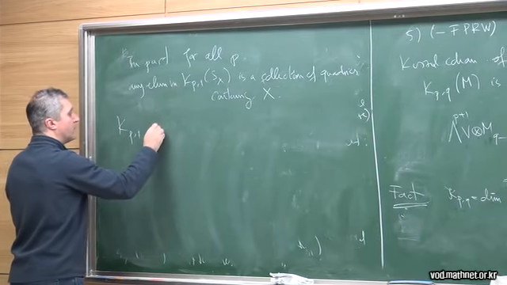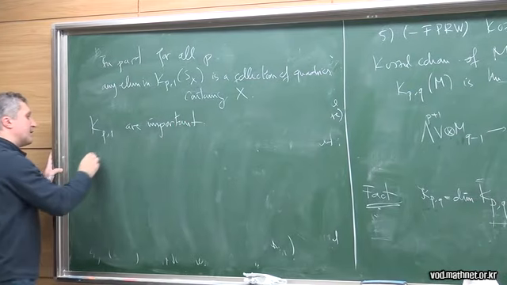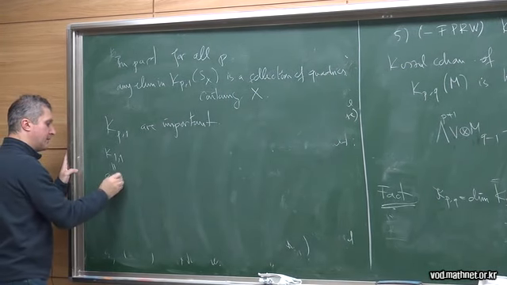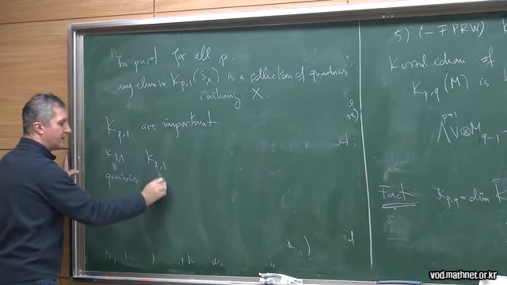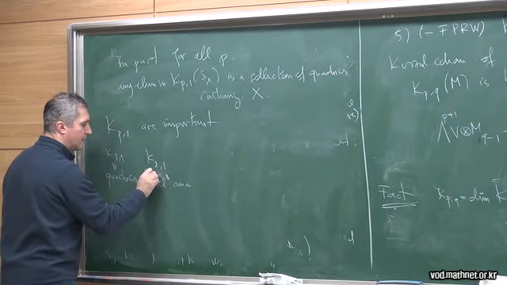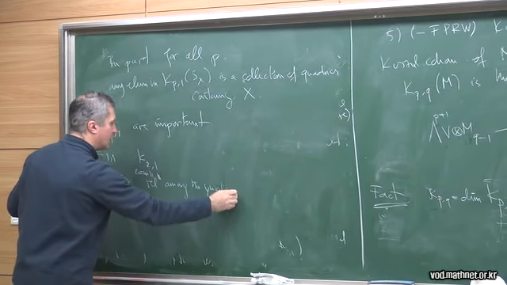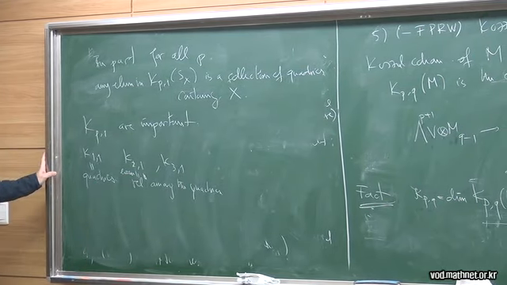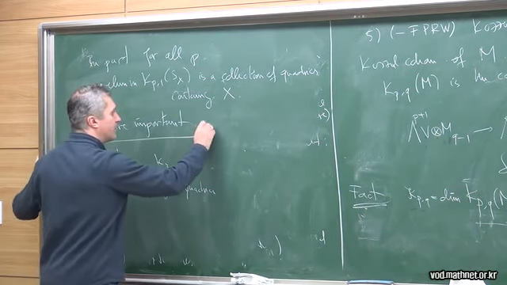So Kp,1s are important. K1,1 gives the quadrics in the ideal. K2,1 gives the relations among the quadrics, linear relations among the quadrics. Then K3,1 is the linear relations among the linear relations, and so on. So it's called the linear strand of the resolution.